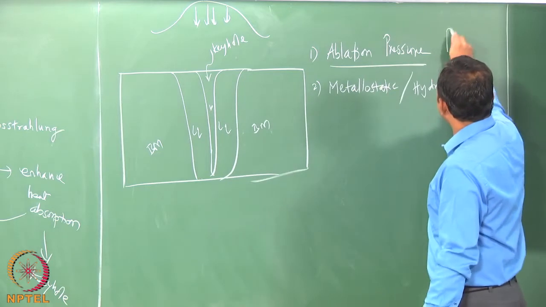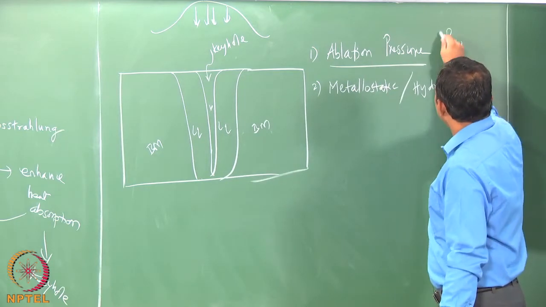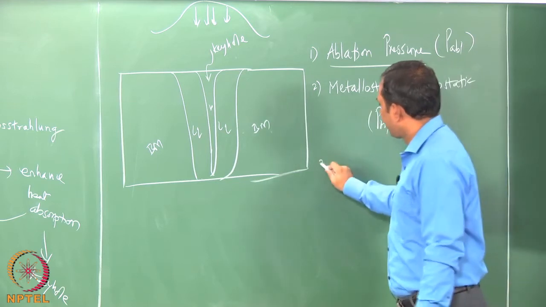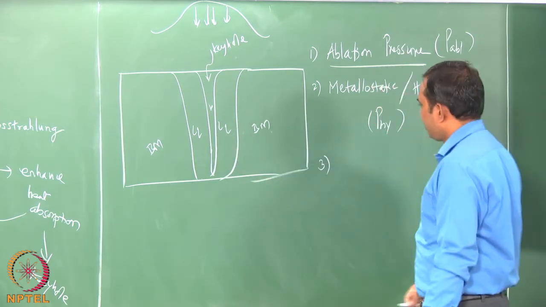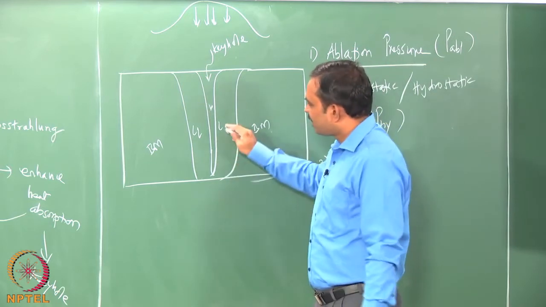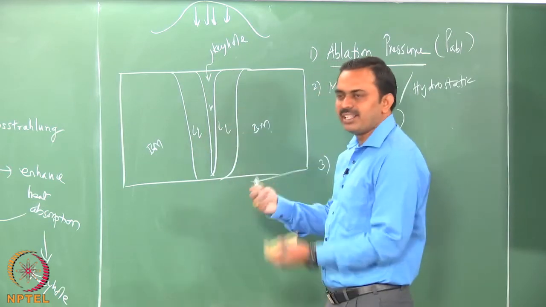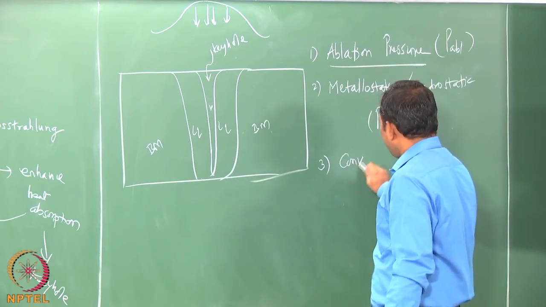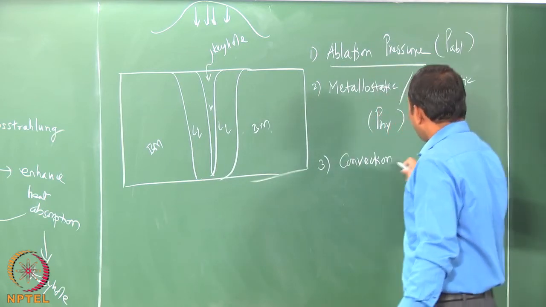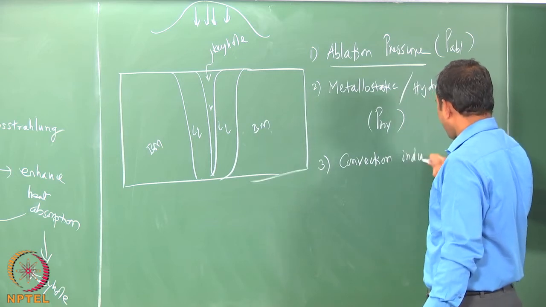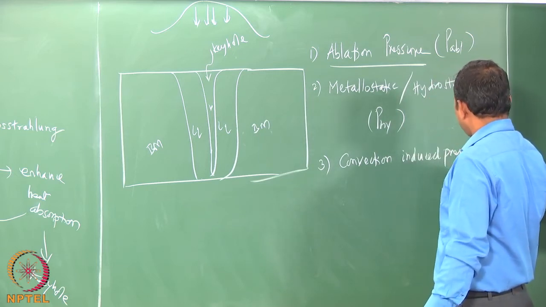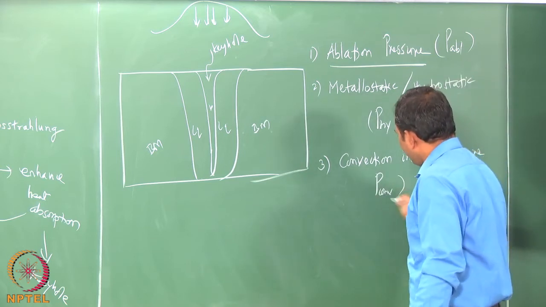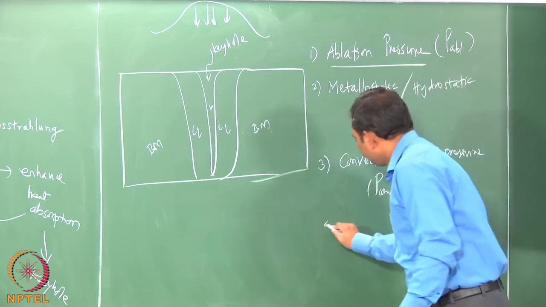You can think of this as P ablation as a parameter and this P hydrostatic as a parameter, and then you have one more parameter, which is that whenever the liquid is convecting, it is also going to exert some pressure. So, you would like to call it convection induced pressure, and you can think of it as P convection.